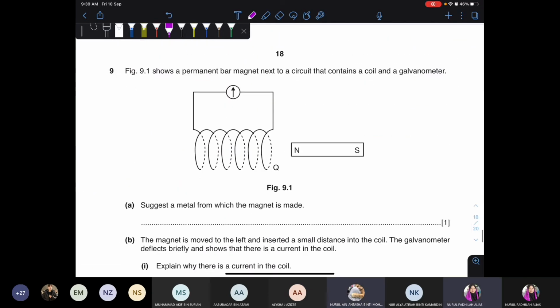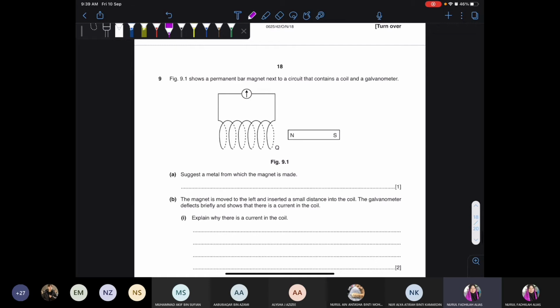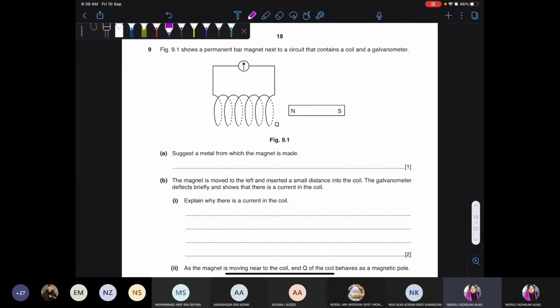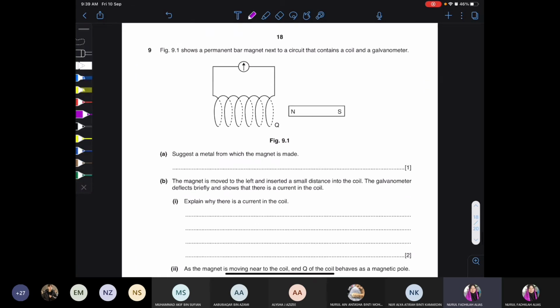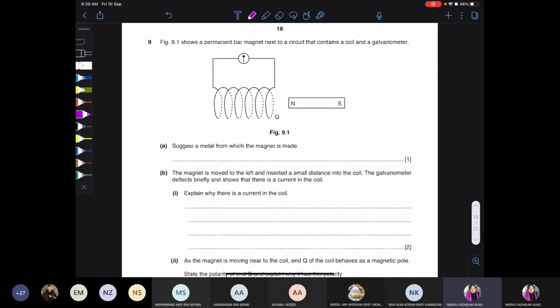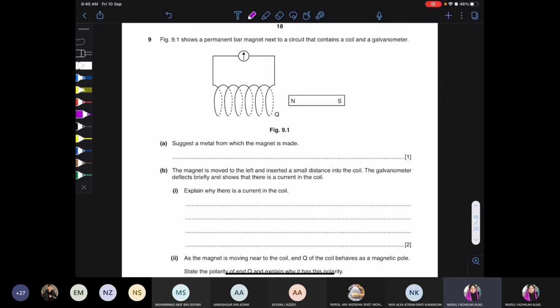Right, we are done. Okay, question 9, the topic is magnets. Figure 9.1 shows a permanent bar magnet next to a circuit that contains a coil and a galvanometer. Suggest a metal from which the magnet is made. So you need to know this one. There are 3 answers. What are the possible answers?